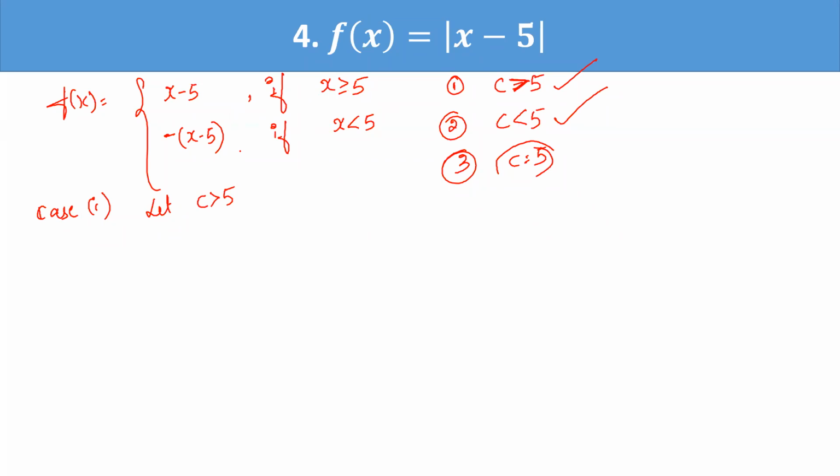So we are taking these 3 cases: c greater than 5, c less than 5, and c is equal to 5. If you take any real number greater than 5, what happens to f of c? Do we have to define it in the first form or the second form if c is greater than 5? First form or second form, students? First form.